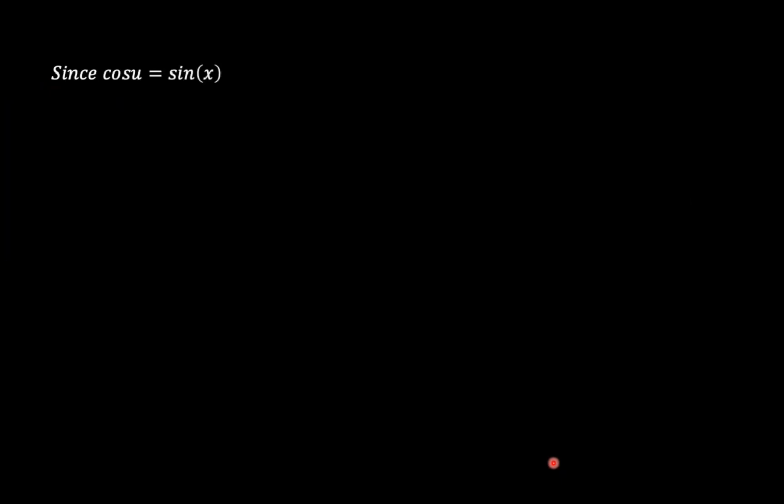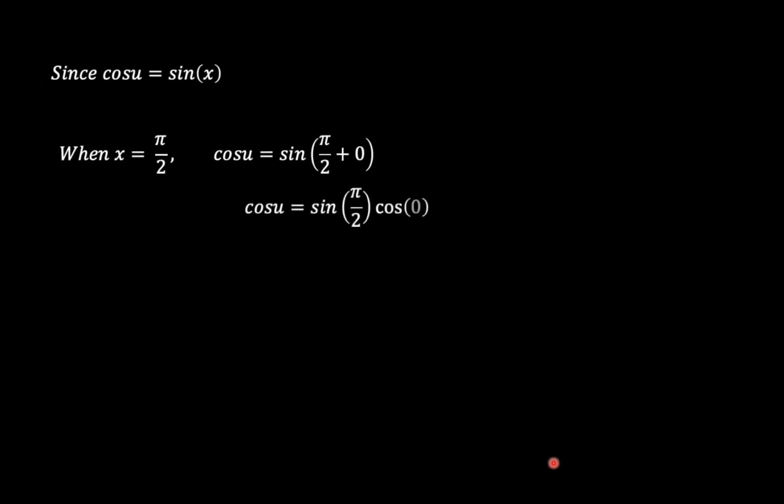Also, since cosine u is equal to sine x, at the limits when x is equal to pi over 2, cosine u is sine pi over 2. I made a small mistake here, so this is 0.